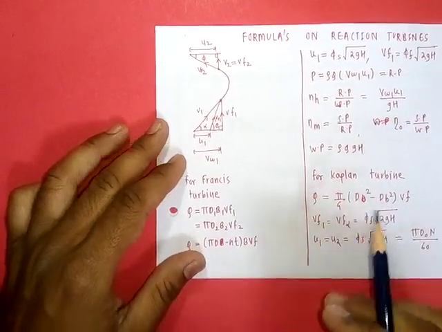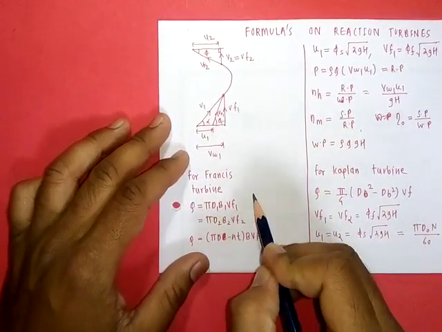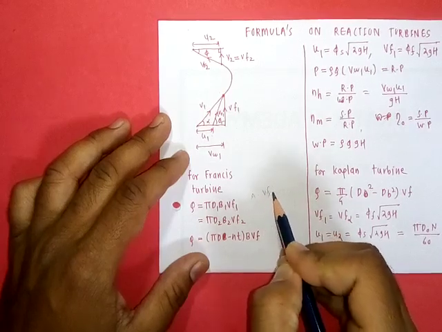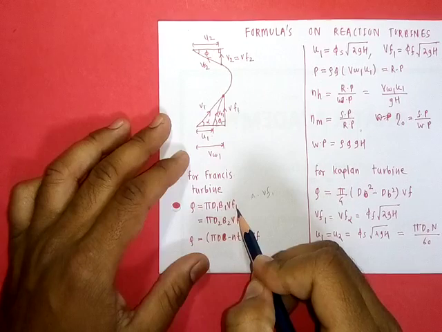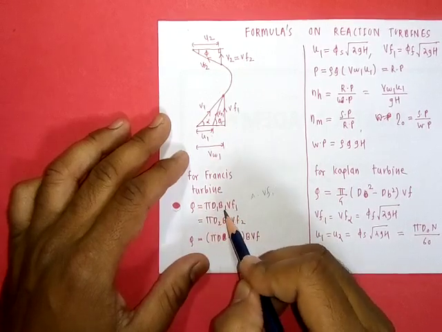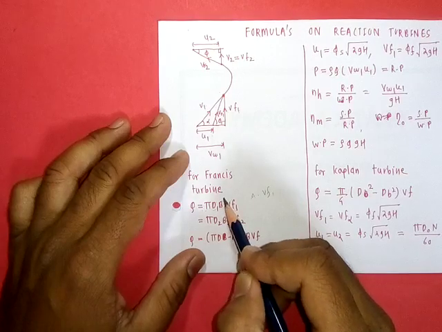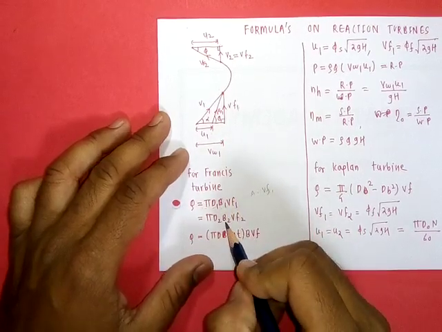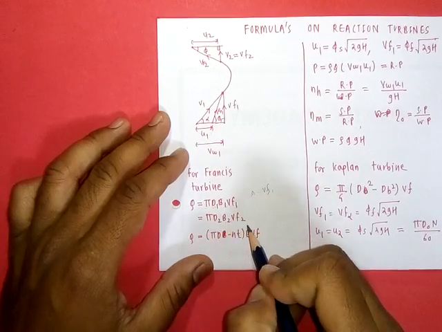Now for Francis turbine, discharge is area into velocity of flow. Area is pi d1 b1, where d1 and b1 are diameter and width at inlet, times Vf1 at inlet, and d2 b2 are diameter and width at outlet, so at outlet it becomes pi d2 b2 Vf2.